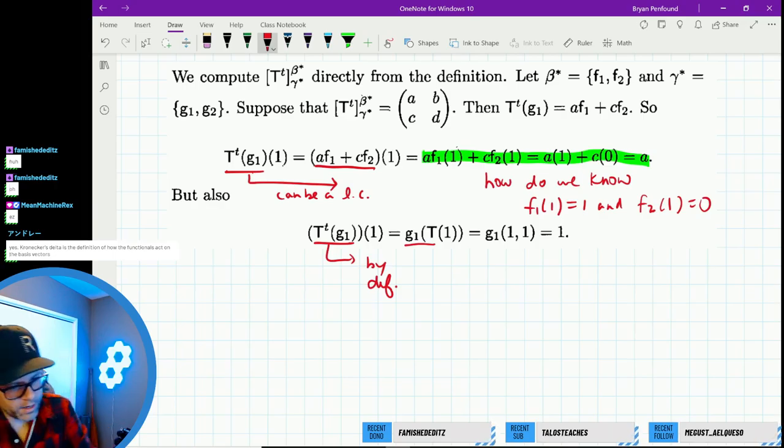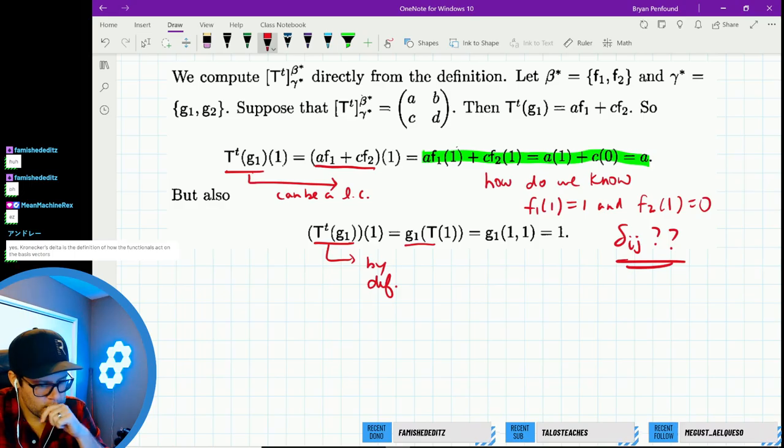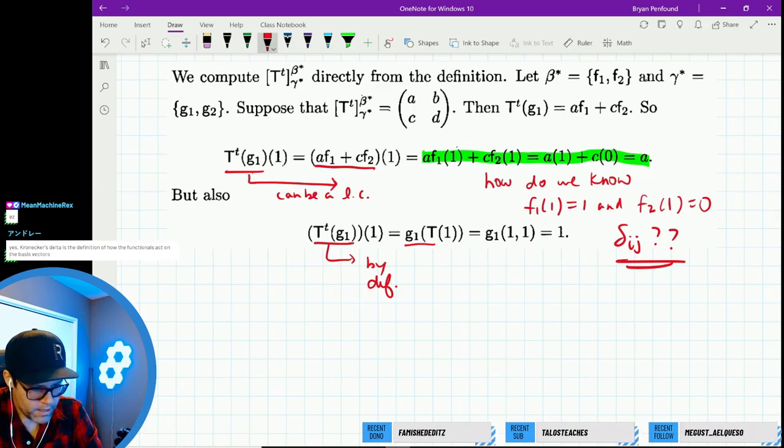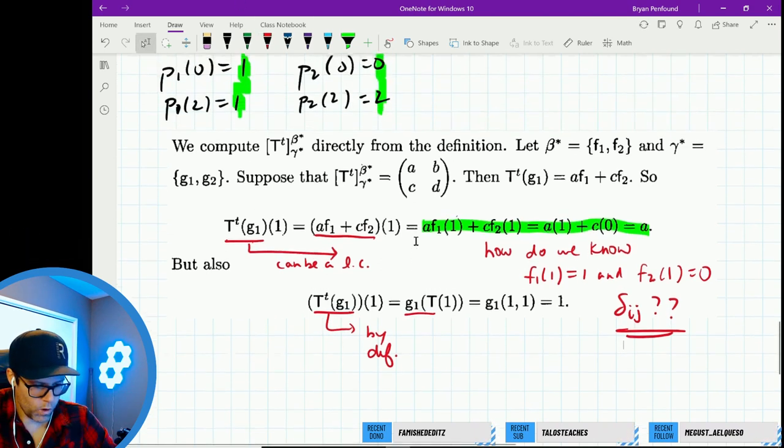Okay, so I think this is Kronecker delta. Maybe somebody can shed some clarity on that. Okay, so, and then they're going to try to evaluate this in a different way by the definition. So the definition says T transpose G1 is G1 of T, evaluated at 1. Now, T of 1, where does that go?